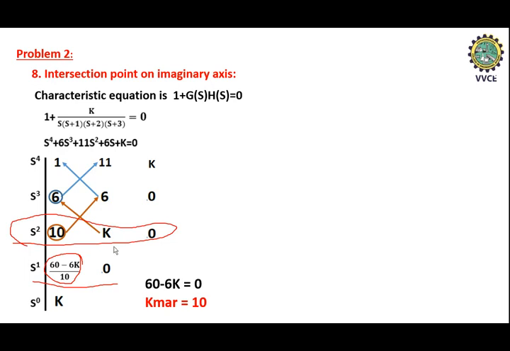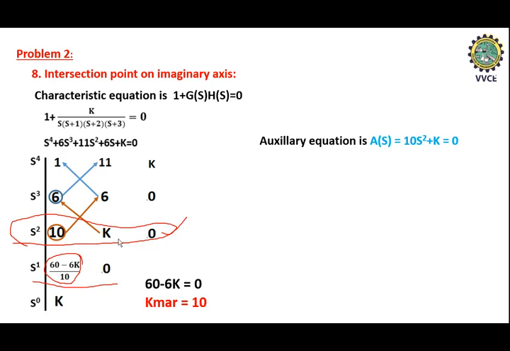So now you can write the auxiliary equation for this row. The coefficient of s square is 10, so 10 into s square. This is s power 0. So 10 s square plus k equal to 0. That is the auxiliary equation that we can get.